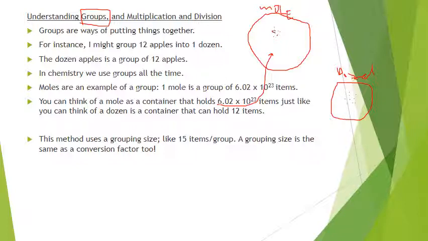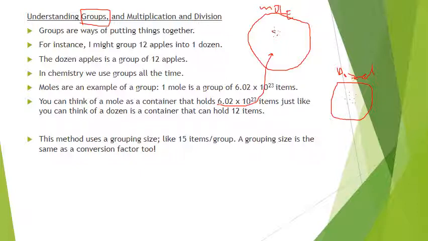This is going to be a good way to think about our problems. Moles are a group and dozens are a group. What we're going to do is work with a dozen and really try to get the concept of what's going on with groups, and then move forward.